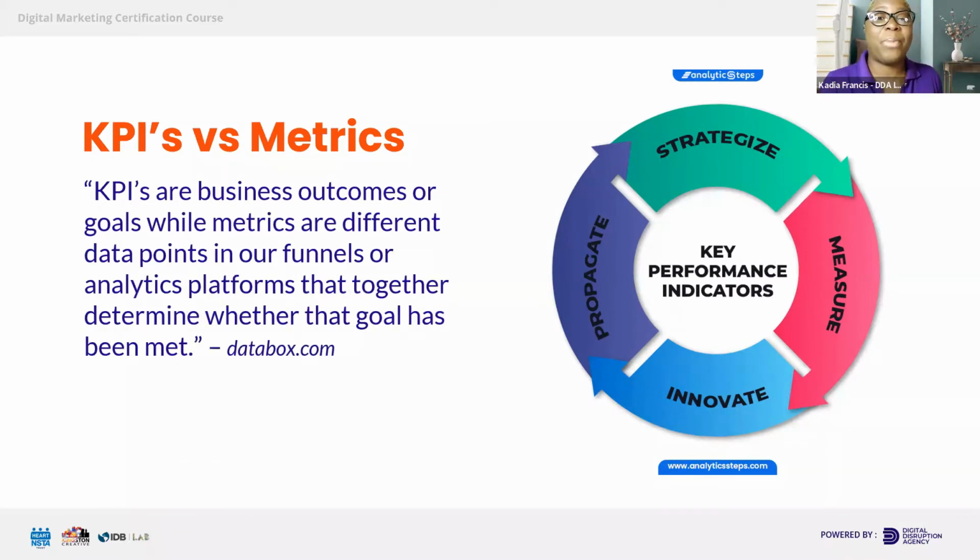So while KPIs are the outcomes, the end goal that you're trying to achieve, the metrics are the different data points in your funnel or analytic platforms that together determine whether that goal has been met. So again, the KPI is the business outcome, it's not the goal.